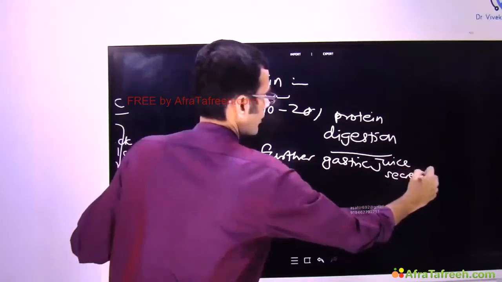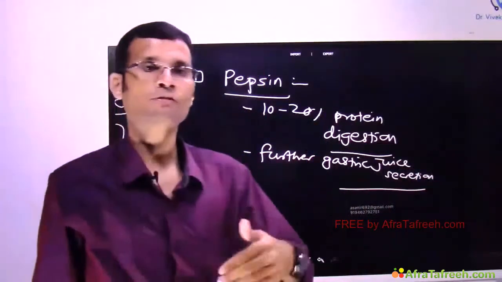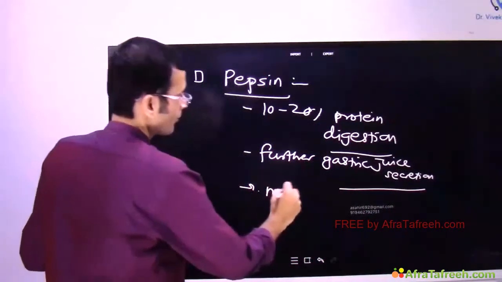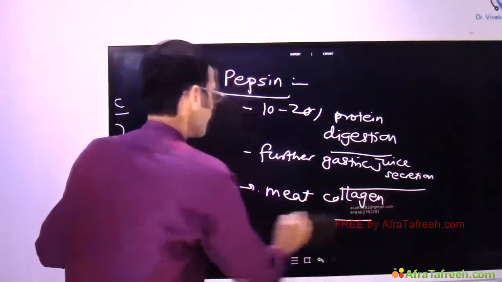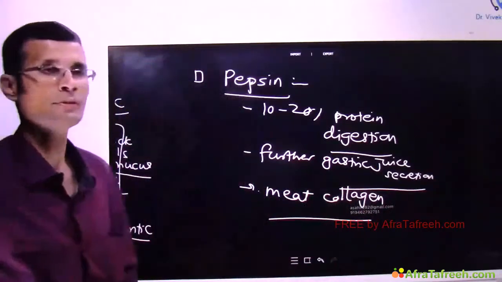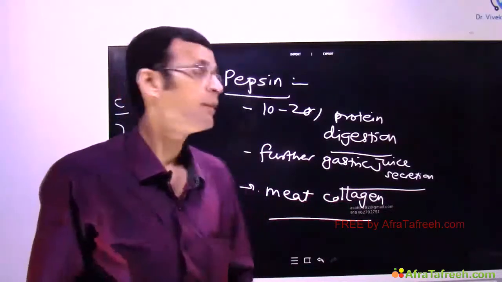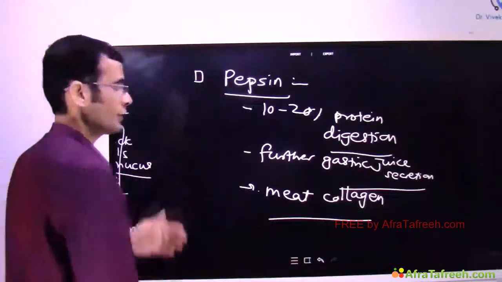Pepsin action will cause the protein breakdown products, and those protein breakdown products are necessary for the further gastric juice secretion. And the third thing is digestion of meat protein, meat collagen. There are so many proteolytic enzymes in the digestive tract, but it's only the pepsin that can digest the meat collagen.